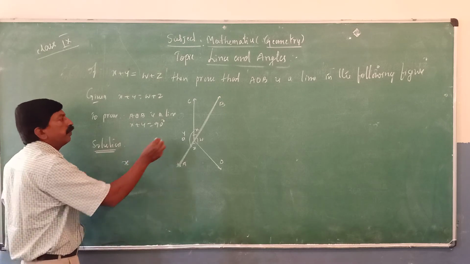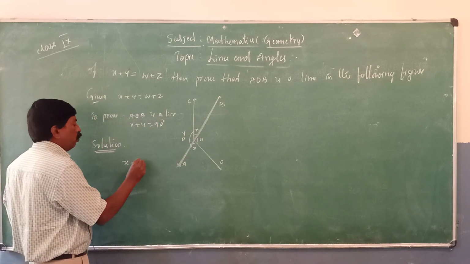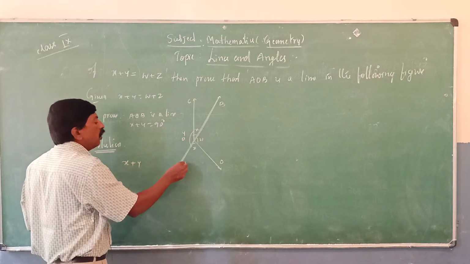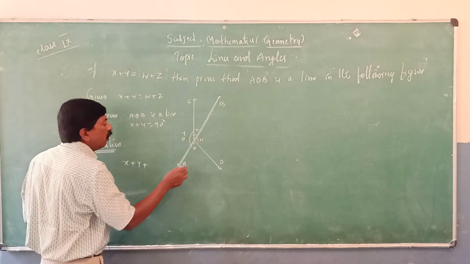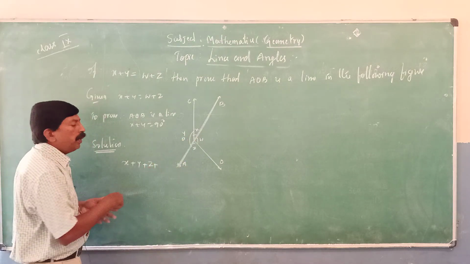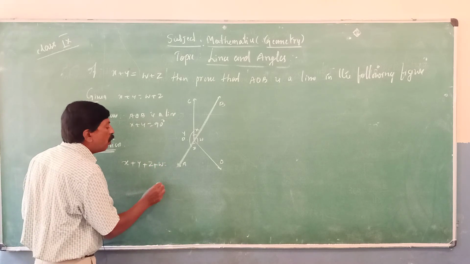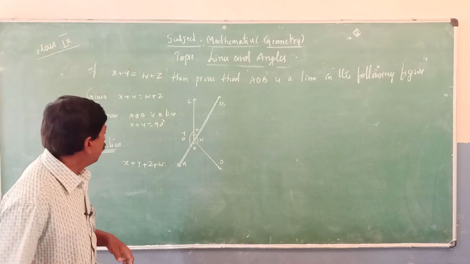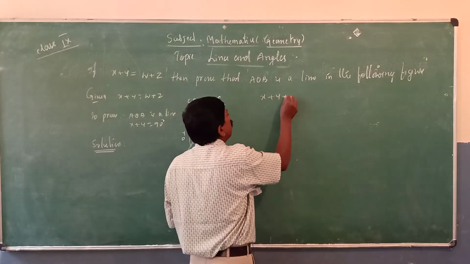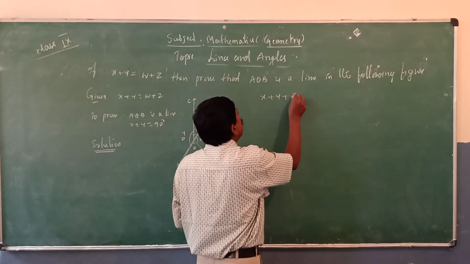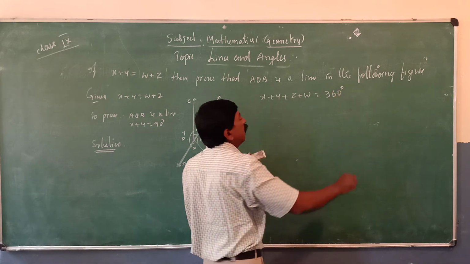X, that is BOC angle, plus Y, that is COA angle, plus Z, AOD, plus W, DOB is equal to 360 degrees.